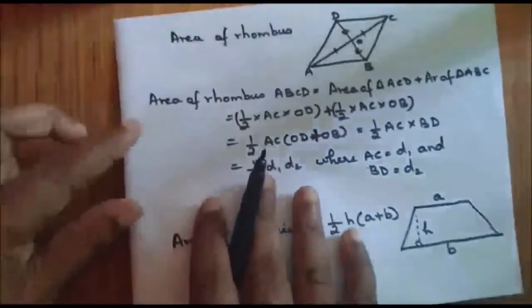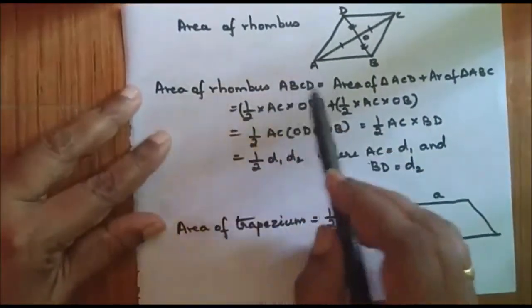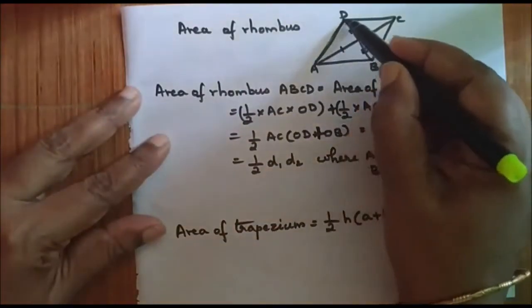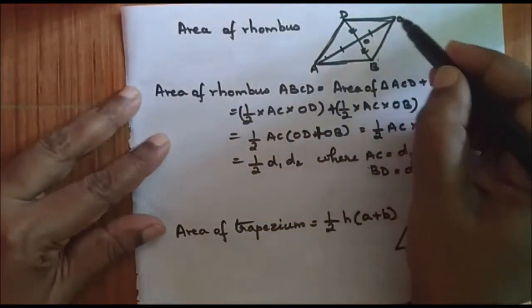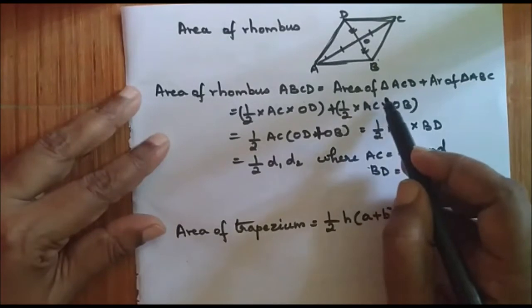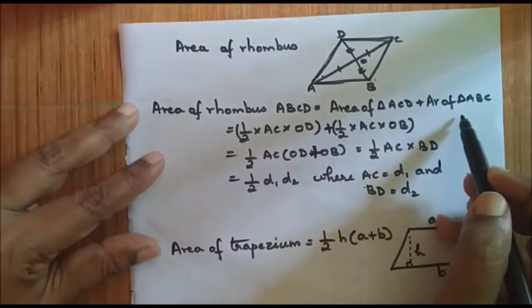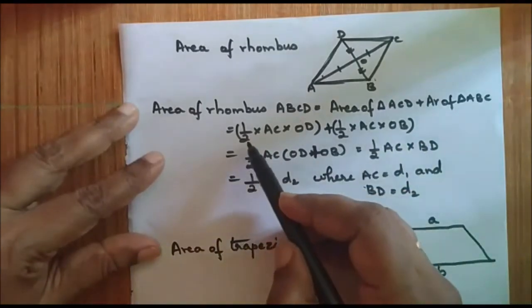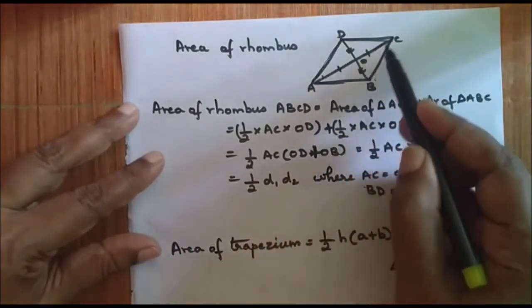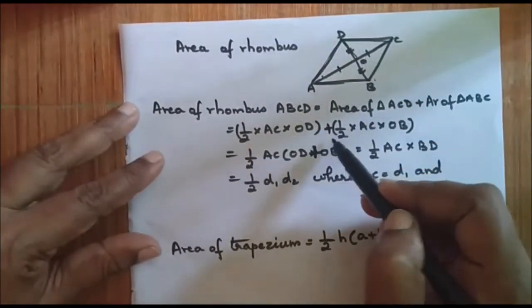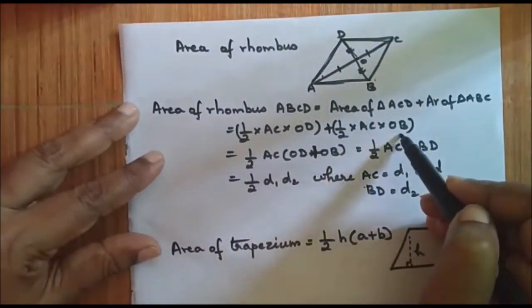Okay. Now we'll go to the next one, which is the area of a rhombus. Area of a rhombus is nothing but area of this triangle plus area of this triangle. So area of triangle ACD plus area of triangle ABC. What is it? Half into AC, which is the base, into OD. OD is the perpendicular plus half into AC into OB.